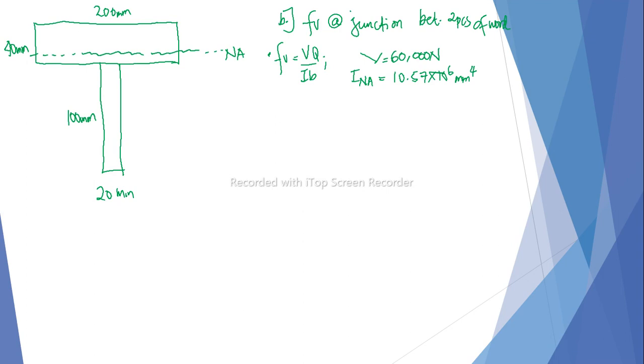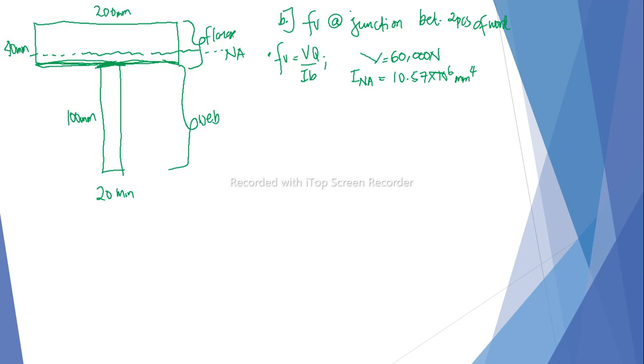So again, the location is at the junction. On this side, we have two shearing stresses: the shearing stress at the flange, and the shearing stress at the junction in the web.